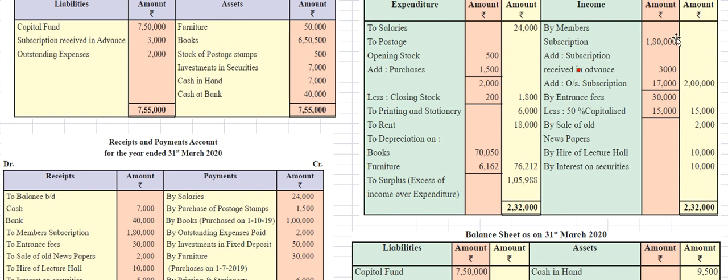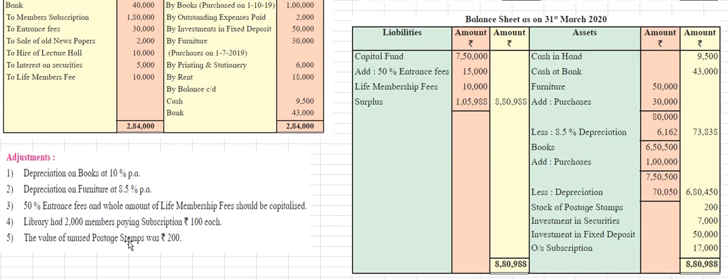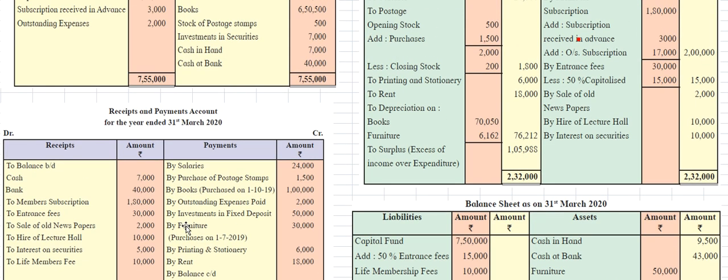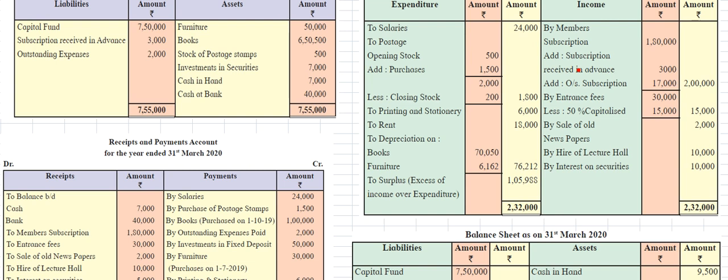And next, by member subscription. That is the member subscription amount, 1,80,000 rupees. Then subscription received in advance. So we'll see if there is, okay. Library had members paying subscription of 100 rupees each. So, okay, this is the one amount in advance.